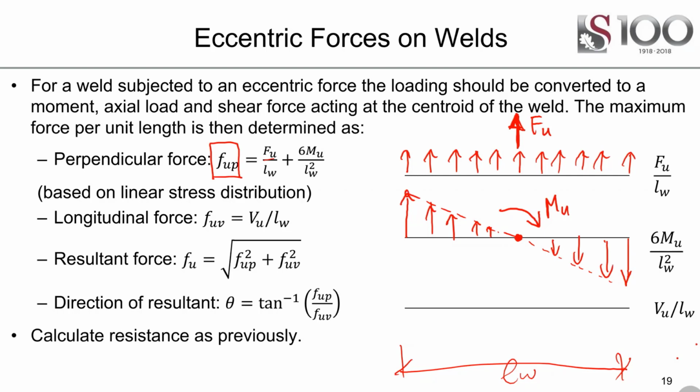And at the extreme here, that value is 6 Mu over LW squared. And that is just the same as having a Ze of LW squared over 6, and where your moment is Z times Fy.